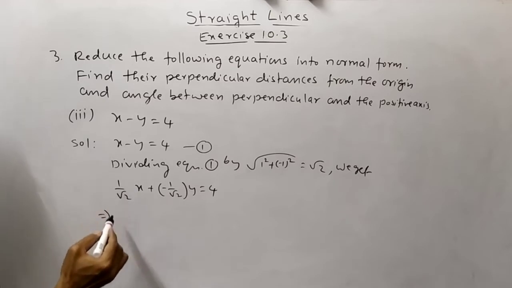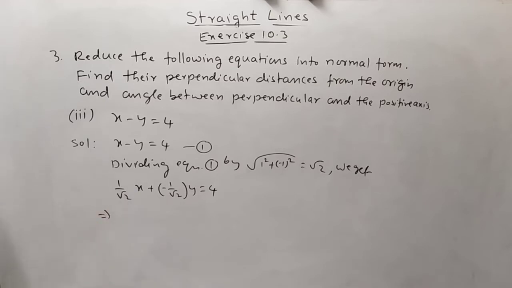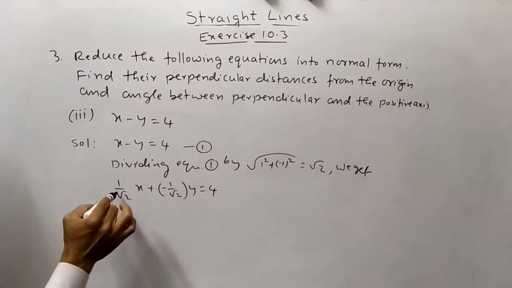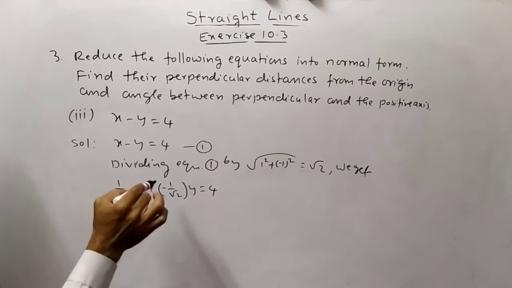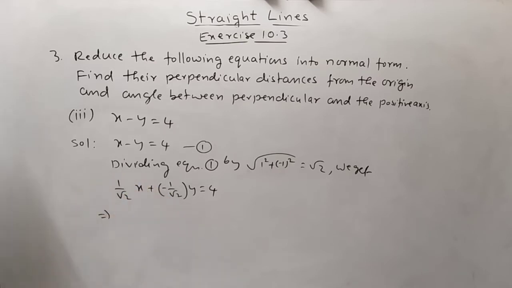Cos of which angle is equal to 1 by root 2? 45 degree. But cos must be positive and sin must be negative. This is possible only in the fourth quadrant.